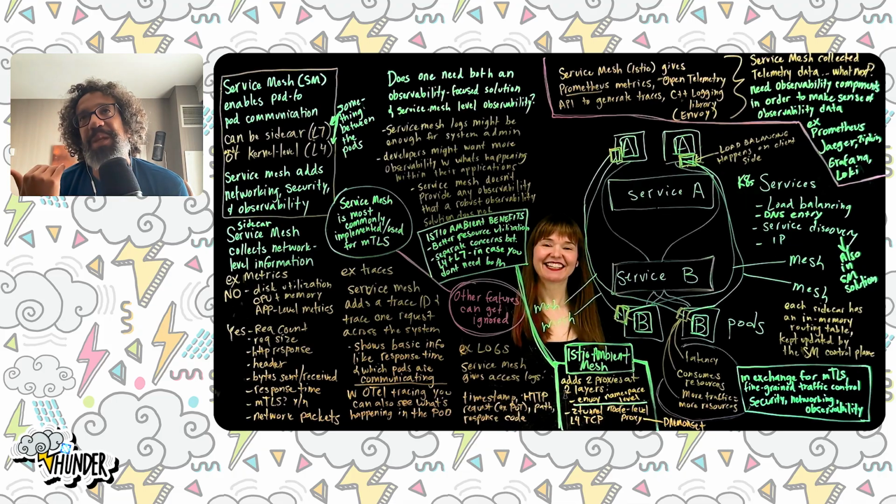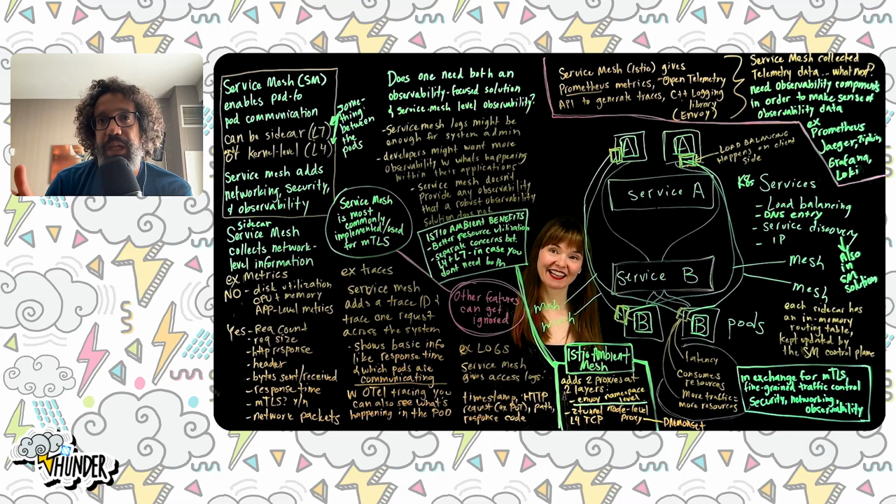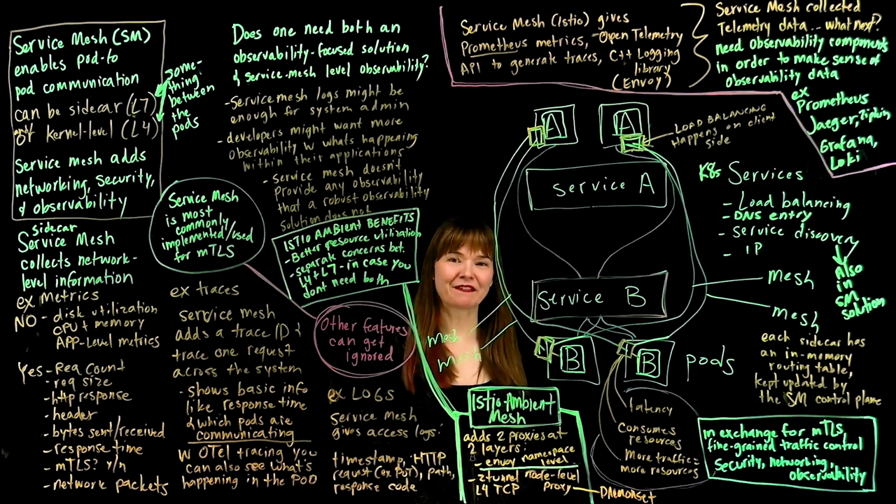Then if you need something at layer 7, like high-level authorization policies using service accounts and stuff like that, there is something called the waypoint proxy, which is an Envoy proxy running in the namespace, shared between all the pods in the namespace. So there are still proxies, they're just not sidecars. One is at the node level, shared between the pods on the node, and one at the namespace level, shared between the pods in the namespace. You taught me that the benefits are a couple.